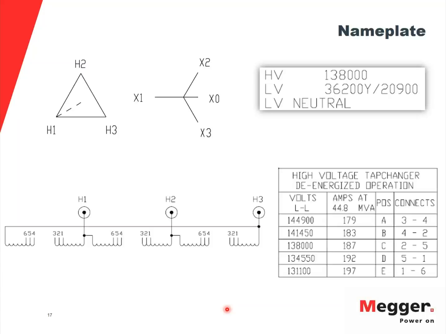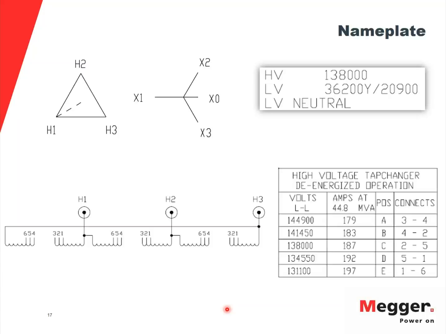On any nameplate, you should have the vector configuration of the transformer. I have an example here in this slide where the primary is a delta, the secondary is a Y connection with access to the neutral terminal. So that would become a DYN transformer.